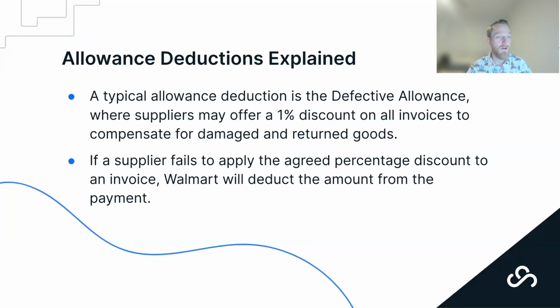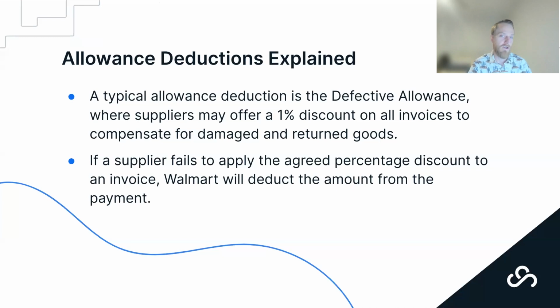So a common allowance type, just to give you an example, is the defective allowance. Of course, with all the goods that you're shipping to Walmart, some goods may be damaged or returned as defective. So in order to offset this, Walmart often requests their suppliers to give a defective allowance. And the percentage varies, of course.